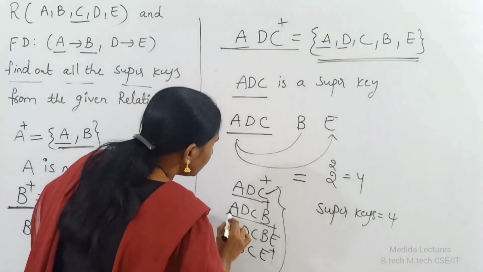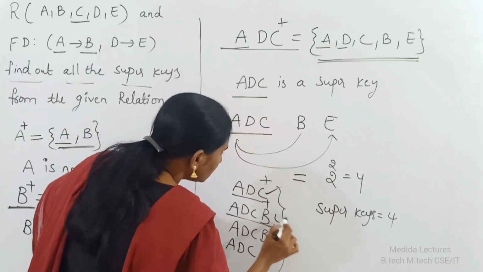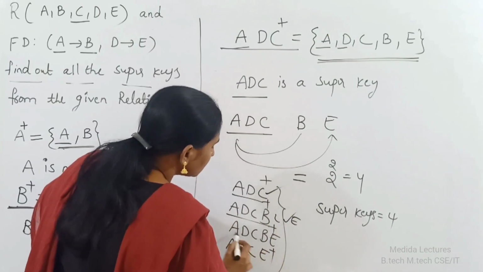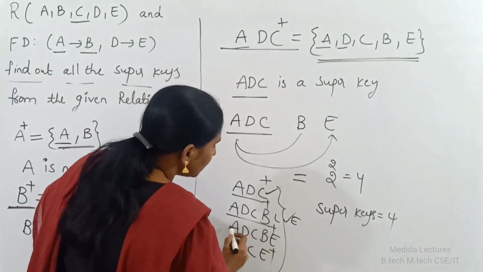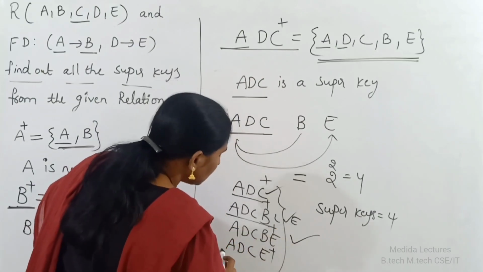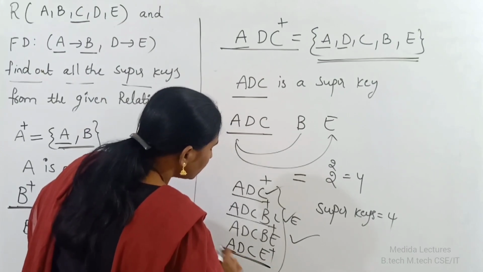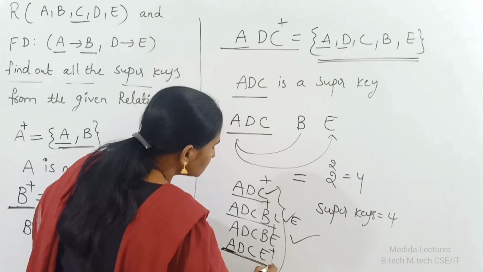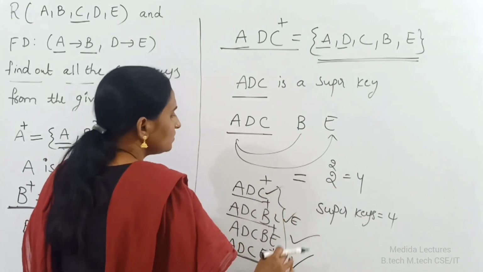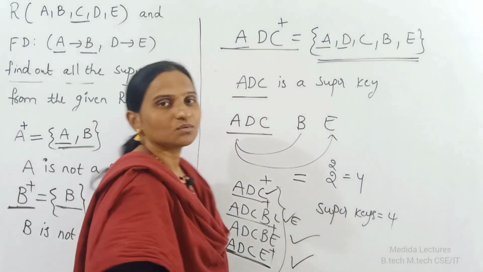ADCB itself determines ADCB, and if you have D, then you can determine E also, so it is a super key. ADCBE consists of all the attributes, so it is also a super key. ADCE: here there is no B, but using A we can determine B, so ADCE consists of all the attributes. This is also a super key. So these are the possible 4 super keys for this problem. Okay, thank you.